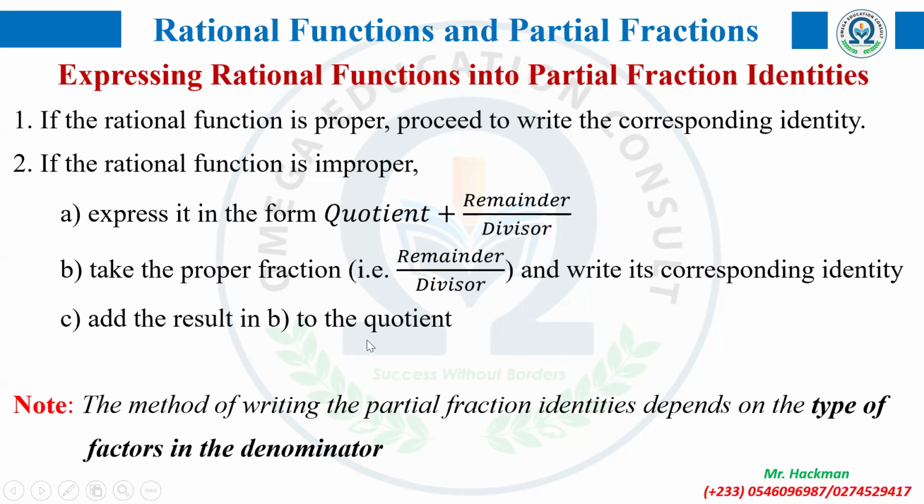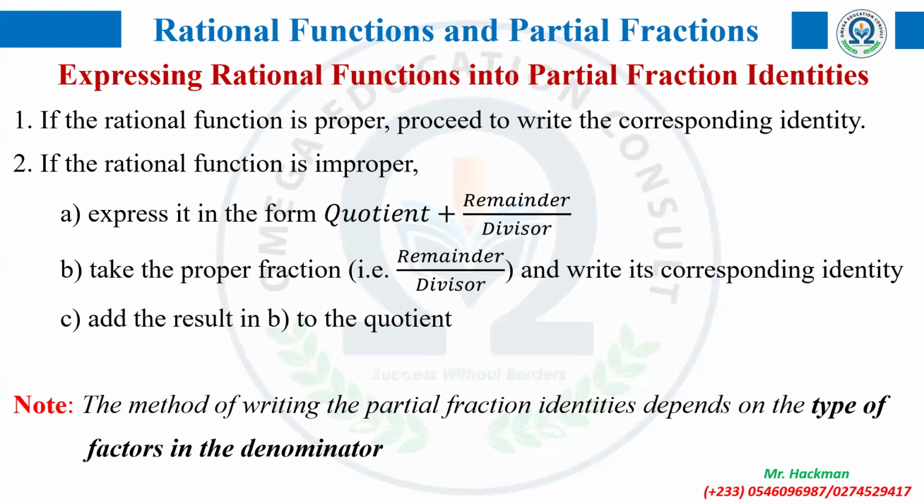As simple as that. The last step will be taken care of after finding the identity here. In this case, you end at the identity, but what we are going to do will go beyond the identity. But if you don't know how to write the identity, then obviously, like I said, you cannot resolve.